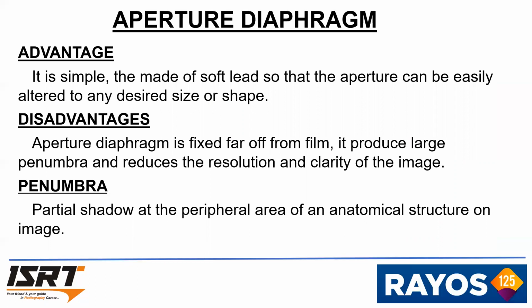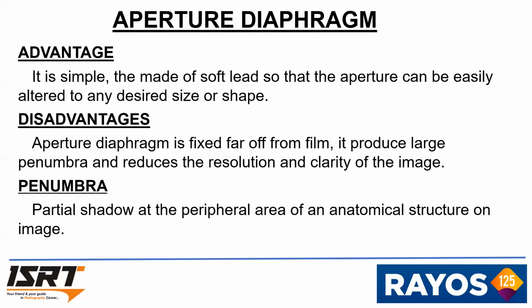The disadvantage is that we keep it away from the film, so it may produce a larger penumbra, which may reduce the resolution and clarity of images. That's one of the disadvantages of this kind of aperture diaphragm.